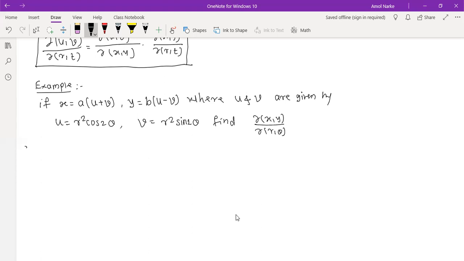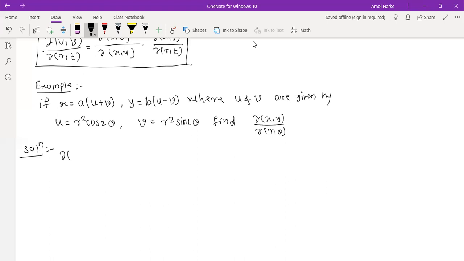Tell me how one can find this. What is the solution? Here x is a function of u and v, and y is also a function of u and v. Furthermore, u and v are functions of r and theta. You want to find the Jacobian of x, y with respect to r and theta. Can someone tell me the formula?